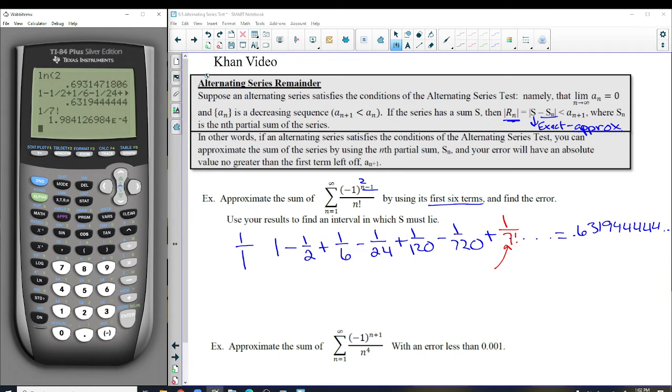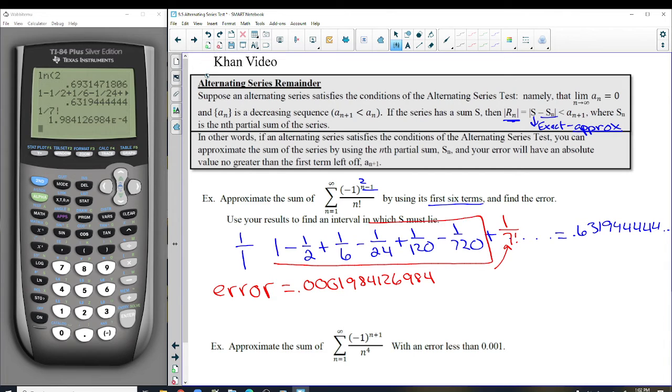So the most the error can possibly be, and they call it an upper bound, if you see that phrase, upper bound, the highest error we can possibly have is 0.0001984126984. That's the most error we can possibly have in approximating that.